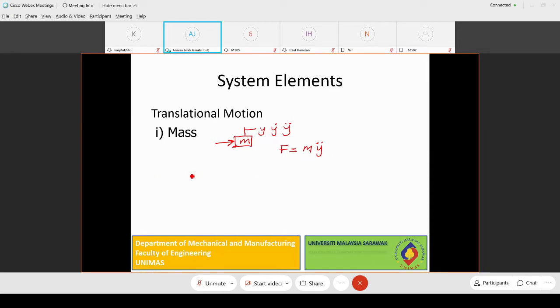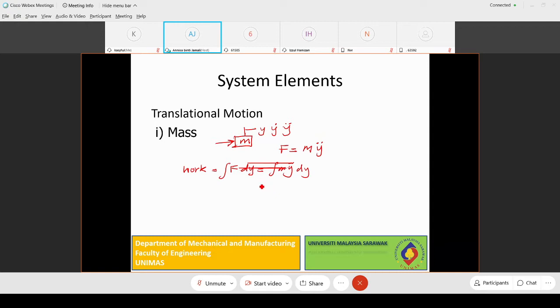So how much work is produced from this mass? Work equals the integration of force, so m y double dot dy.